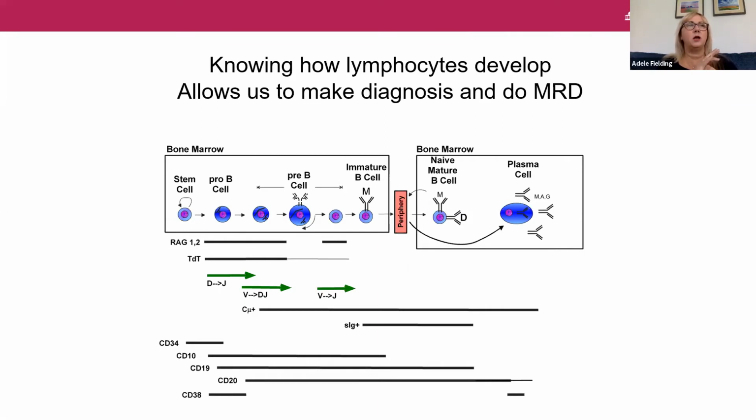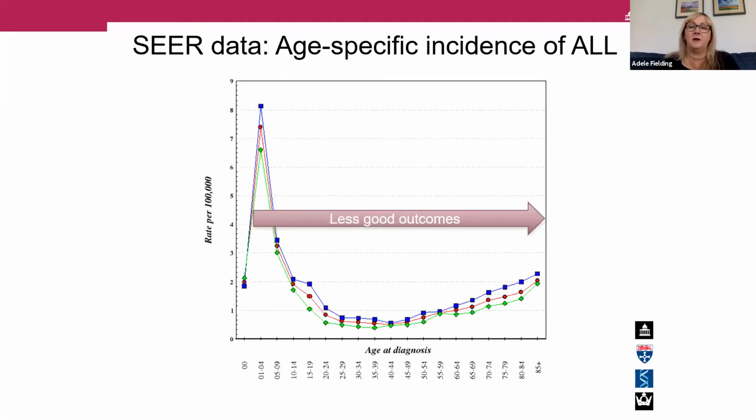And each assay is completely unique. So when we do minimal residual disease in ALL, it's normally a patient-specific assay that's been developed and that would only work for that patient. And it's quite an intensive thing to do, but it gives us a lot of additional information during the course of treatment, as I will explain to you. Could I have the next slide, please, Zach?